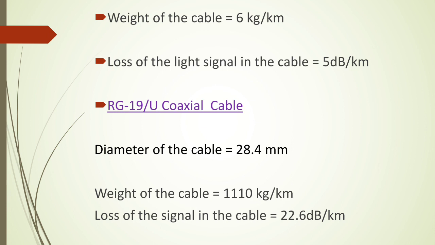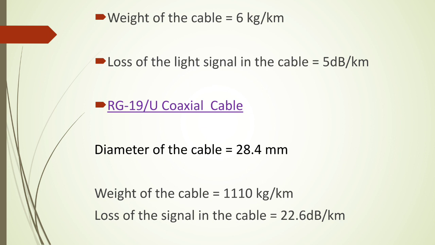Loss of the signal in the coaxial cable is 22.6 dB per kilometer. So if we compare it with the loss of the light signal in the fiber cable, you see loss of the light signal in the fiber cable was 5 dB per kilometer, and this loss is 22.6 dB per kilometer.